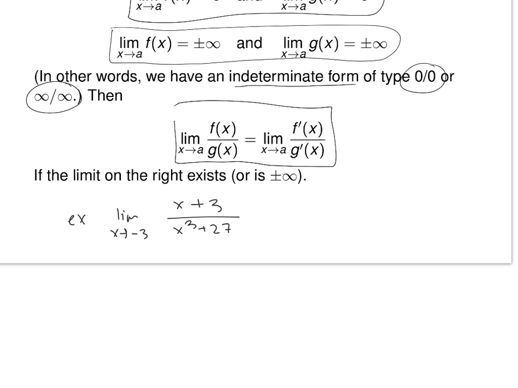Now what you check when you plug in negative 3 is, is the numerator 0? Is the denominator 0? Yes, okay, well then you can apply this rule, and this rule says this limit is equal to a limit where x goes to the same number, and the ratio is now the ratio of the derivatives.